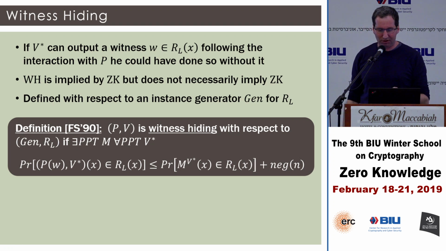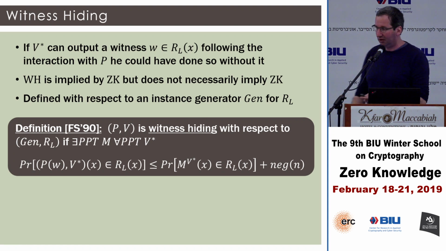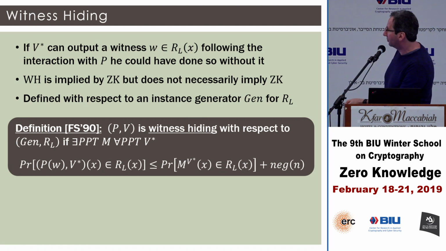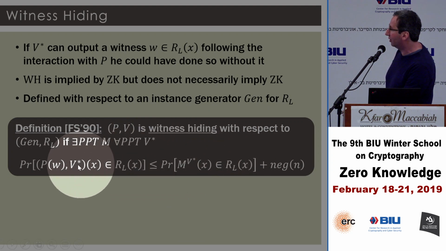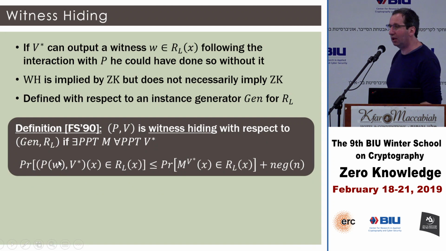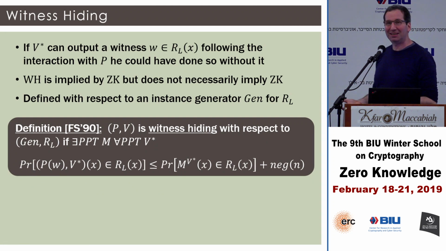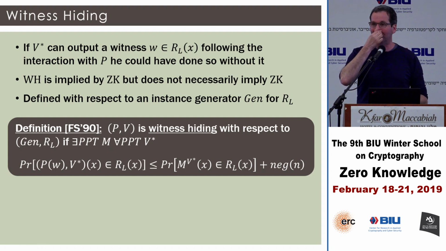The proof is witness hiding with respect to a generator and an NP relation, if there exists a machine M, so that for every verifier, the machine M succeeds almost as well in outputting the witness as it could have given the transcript. If it can extract a witness given the transcript, it could have done equally well without the transcript. This is what this equation says.